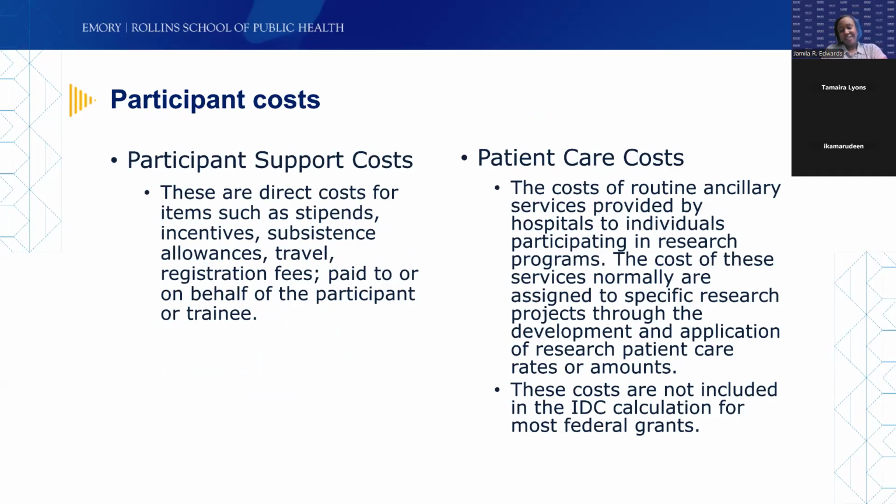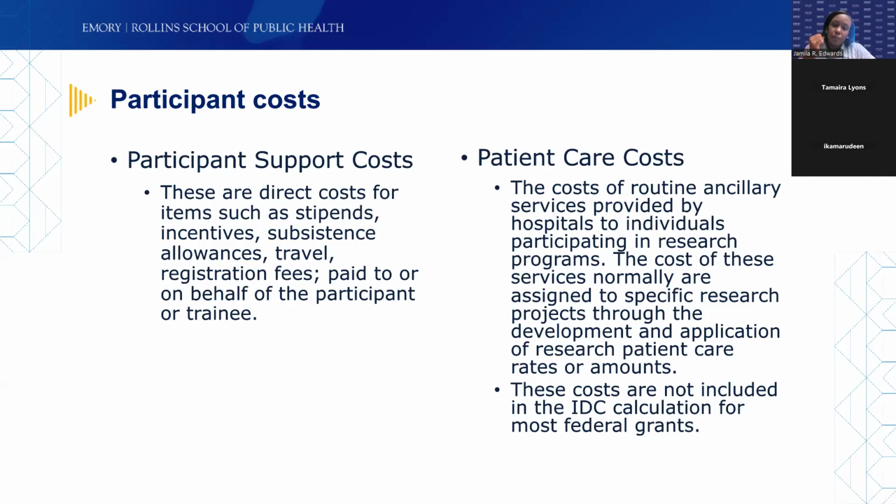Participant costs. I'm just trying to think. You can sit down. No, it's not even that. So when you're doing a clinical trial, those are some of the things we might think of as participant costs, most notably on T32s: tuition, stipends, they have a set allocation for students.